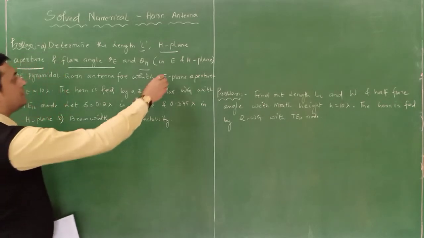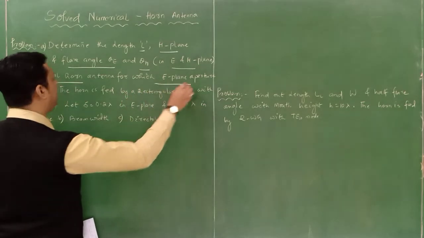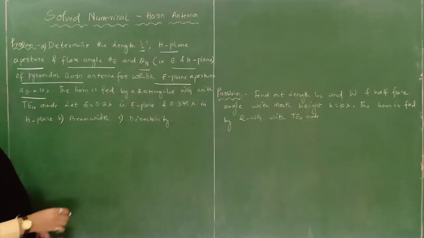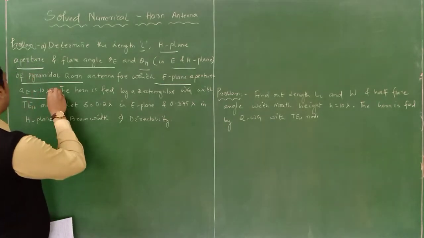So it is the E and H plane of a pyramidal horn antenna for which the E-plane aperture A suffix E, which we have also discussed, is 10 lambda.